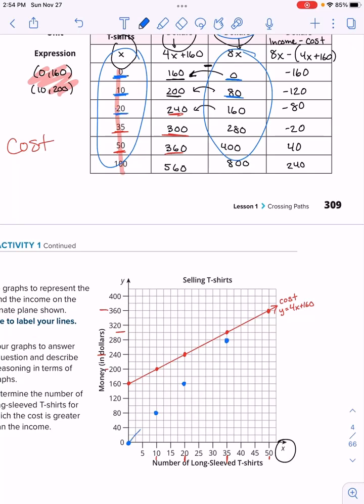So I'm going to connect what I have so far, just so we can see. And it's not quite lining up. Something like that.